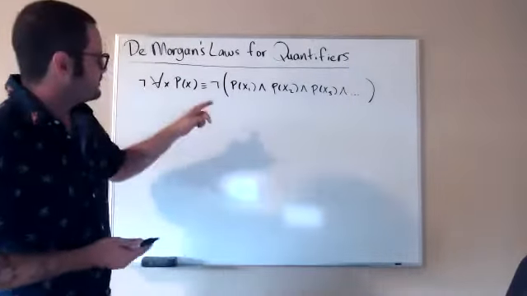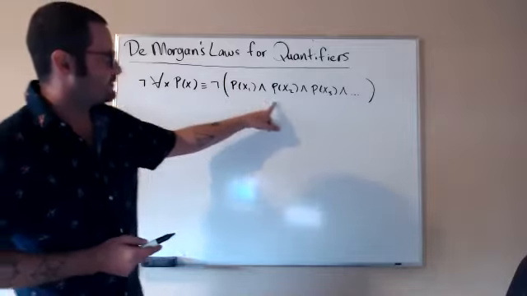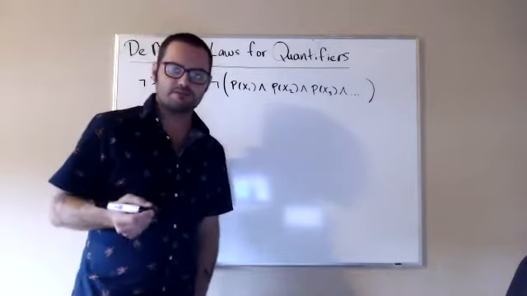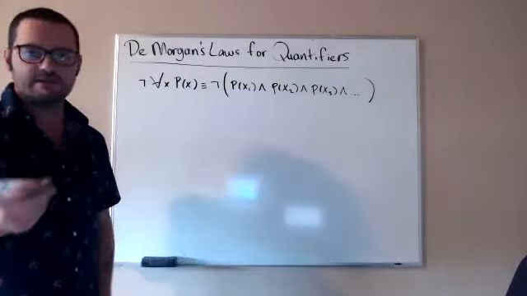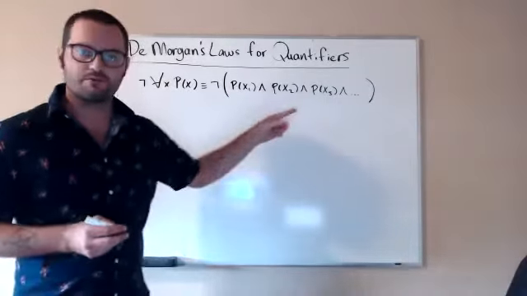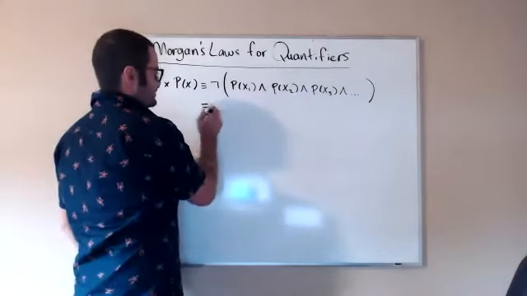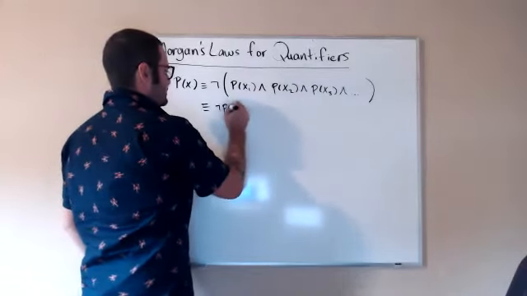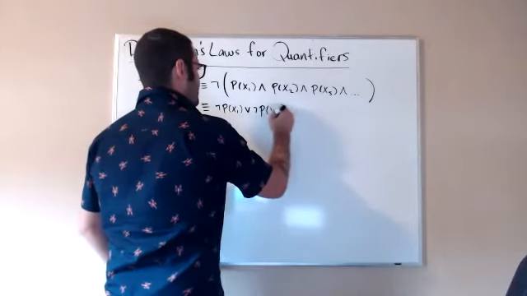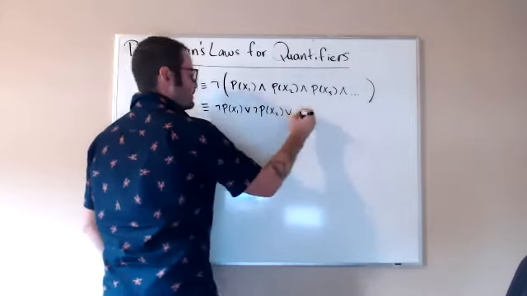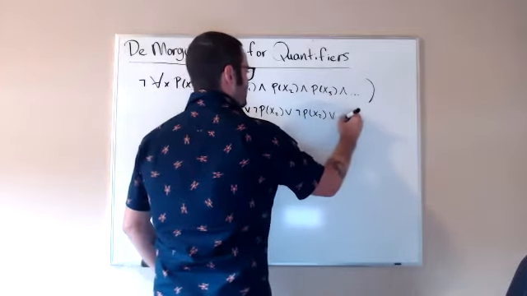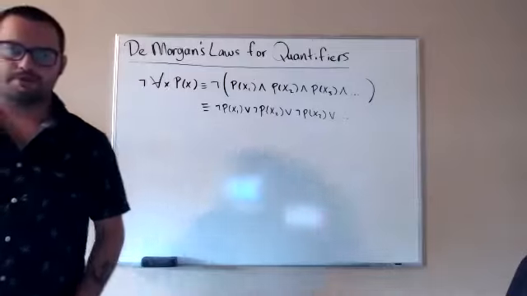Now, here we have the negation of conjunctions, right? If you think back to DeMorgan's Law, the negation of the conjunctions is the disjunction of the negations. So you negate that, that becomes an OR. You negate that, that becomes an OR, so forth and so on. So what this becomes by DeMorgan's Law is not P of x1 or not P of x2 or not P of x3 or ... forever. Okay?